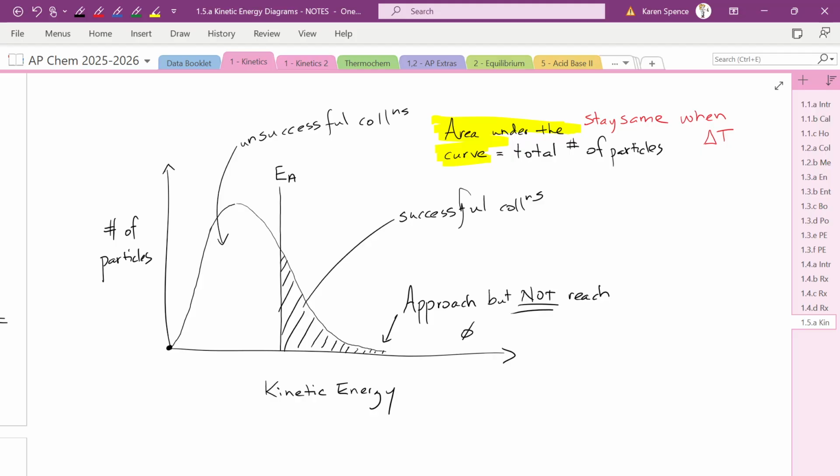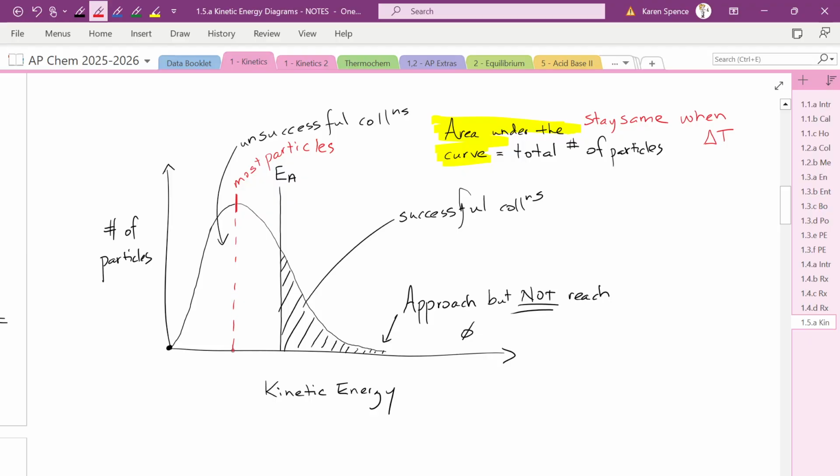Where would I find the most particles? The most particles is at the peak, okay? So that is right here.